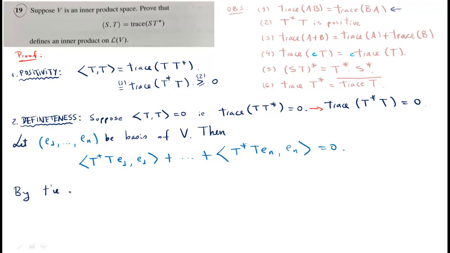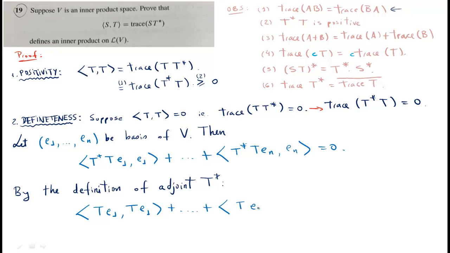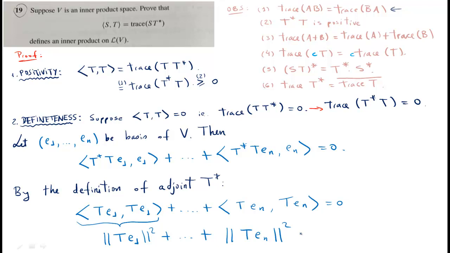So by the definition of adjoint, the inner product of T of e sub 1 and T of e sub 1, plus and so on, plus the inner product of T of e sub n and T of e sub n, is equal to 0, which is equivalent, by definition of inner product, to the norm of T of e sub 1 squared plus and so on plus the norm of T of e sub n squared equals 0.